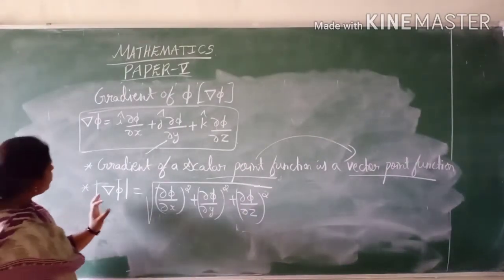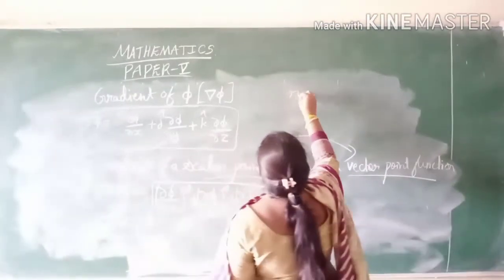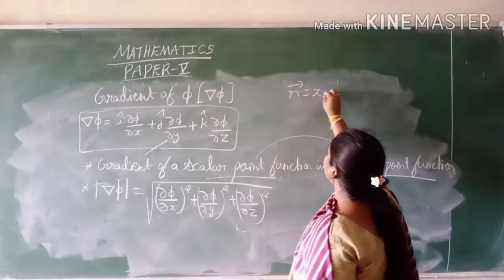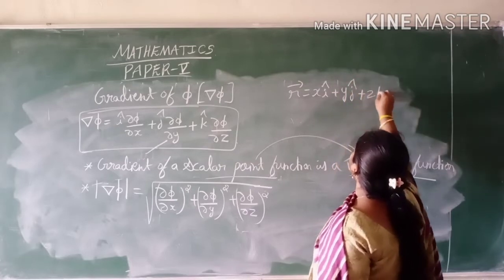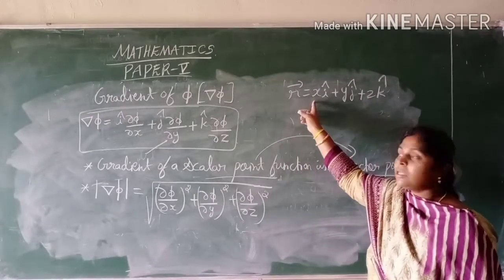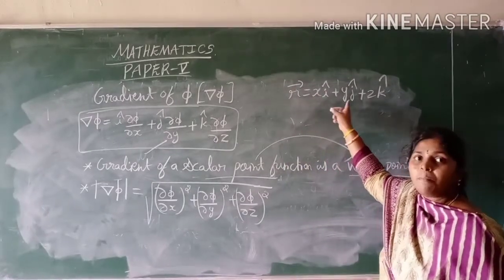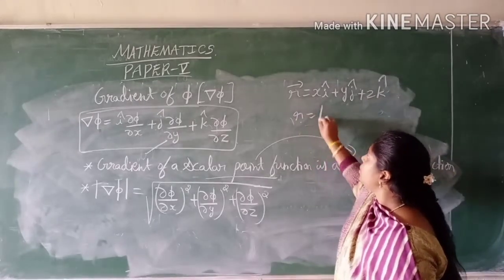See how you can remember this one. You know that vector r is the position vector, x into i cap plus y into j cap plus z into k cap, in three dimensions. How to find the modulus of any vector?